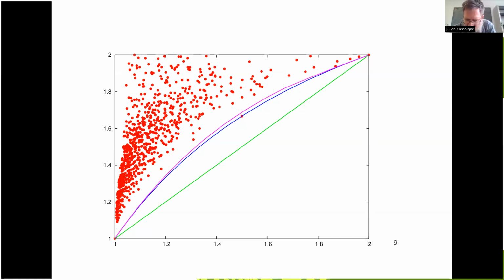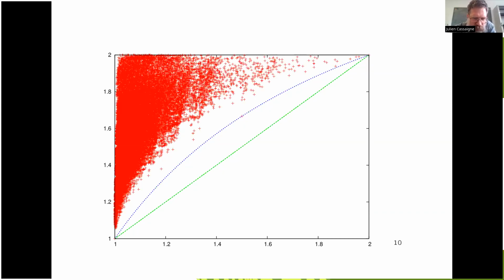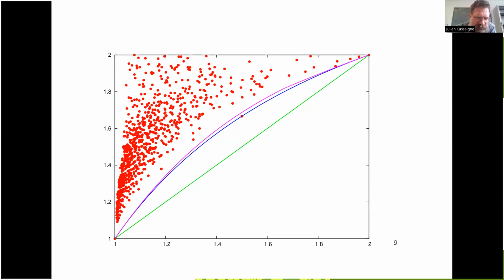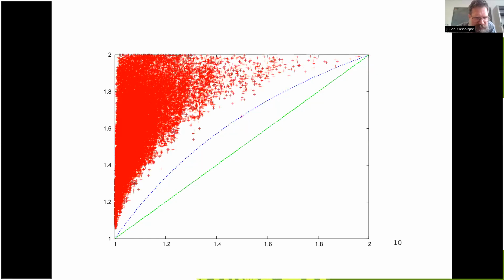Okay, so here is another graph with more points. So you see that the white part that was close to the vertical axis is getting filled. But the white part that was close to the blue line is still there. So there really seems to be an empty part and some isolated points, and maybe some part where the points are dense.